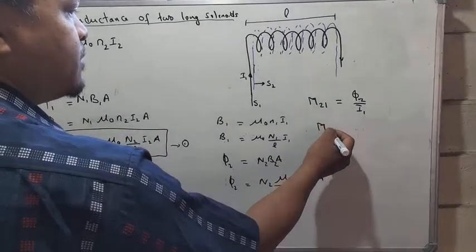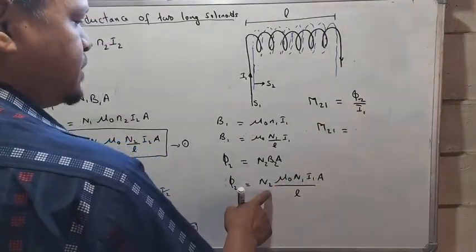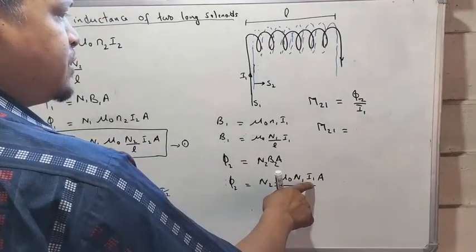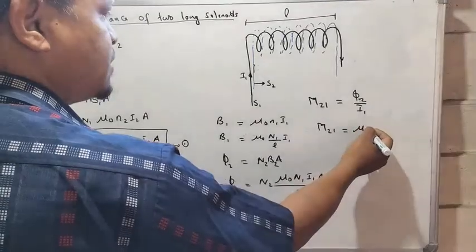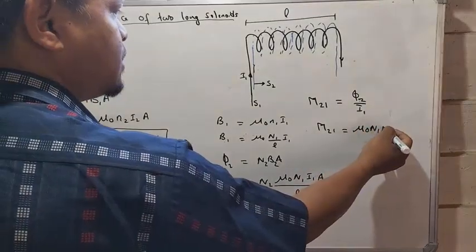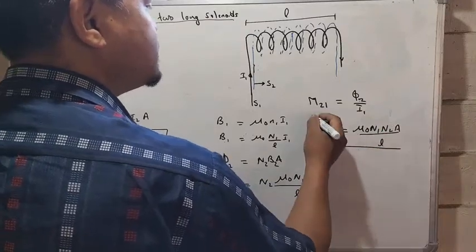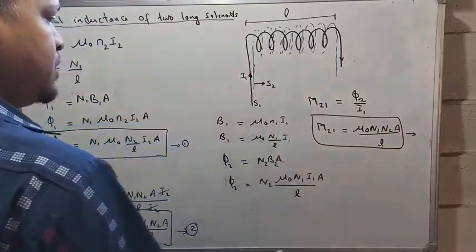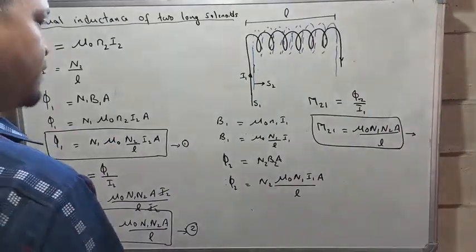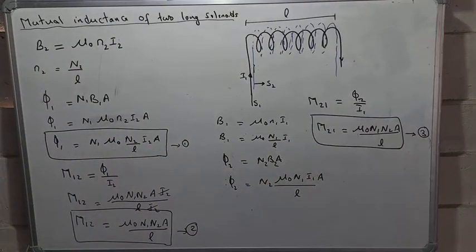Now if you substitute this phi 2, the I1 in the numerator cancels with the I1 in the denominator, so you finally get mu naught N1 N2 A upon L. This is the mutual inductance of the second coil with respect to the first coil. So this is my equation number 3.